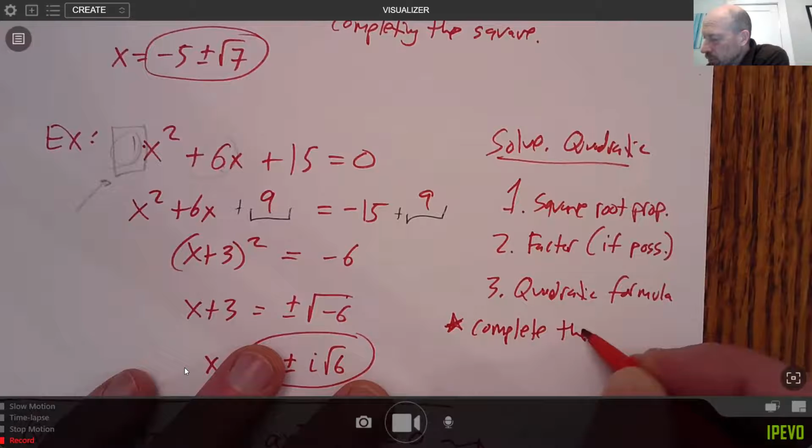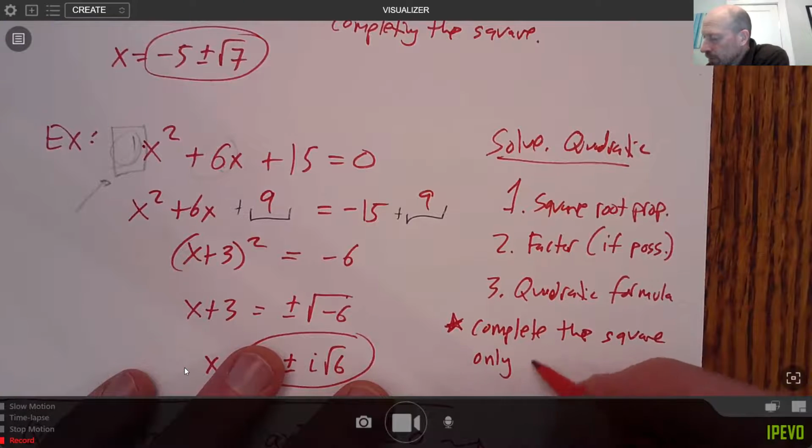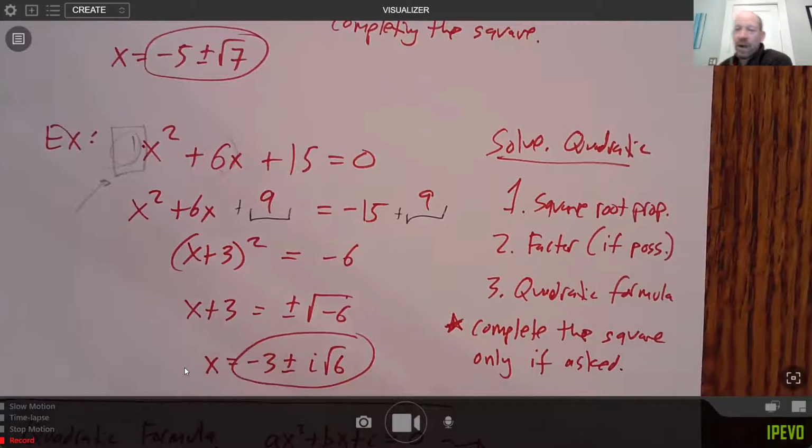Complete the square only if asked. So I do want you to know how to complete the square, because that's where the quadratic formula comes from. So if you don't know how you complete the square, then the quadratic formula is sort of like magical, right? And we don't like that. We like to know where things come from. And so completing the square is the process.